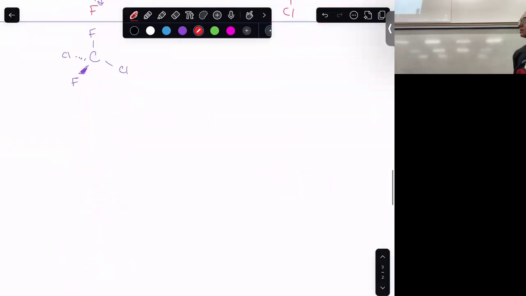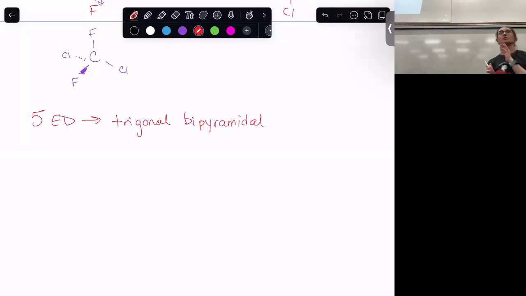Continuing on, when you have 5 electron domains, what is our shape? It's like 5 pyramidal. So this is going to be trigonal bipyramidal. And again, this looks exactly like how it's named.